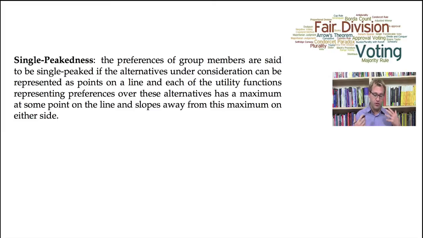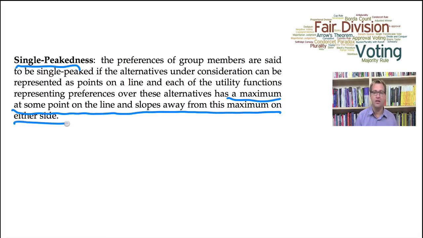So the formal or semi-formal definition of single-peakedness says, the preferences of group members are said to be single-peaked if the alternatives under consideration, so all of the candidates, can be represented as points on a line, so represented along the x-axis, and each of the utility functions representing the preferences over these alternatives has a maximum at some point on the line and slopes away from this maximum on either side.